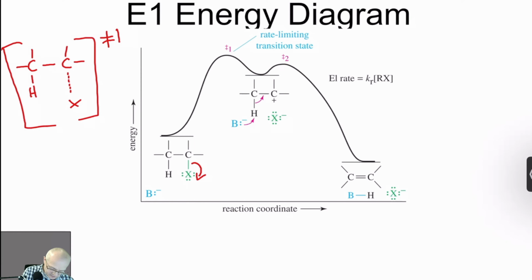So that's transition state 1, where the halide is leaving. Transition state 2 will look more like this. And I guess here we're calling it the base.